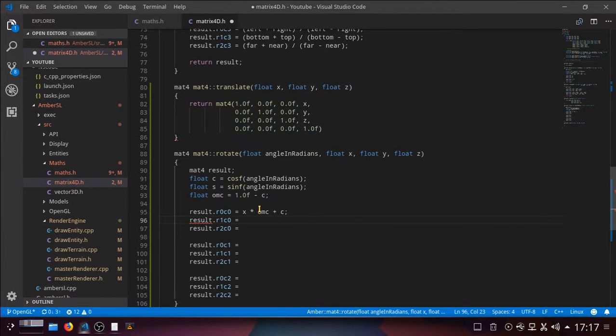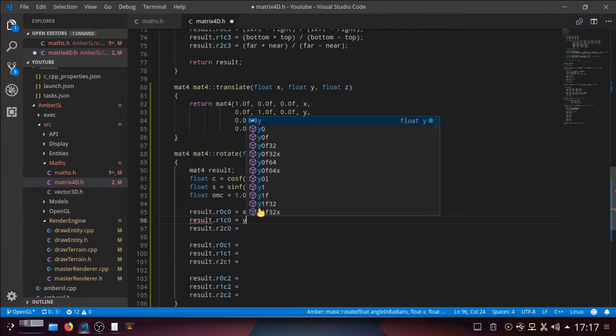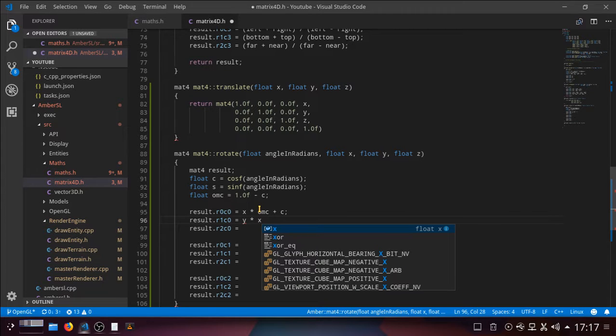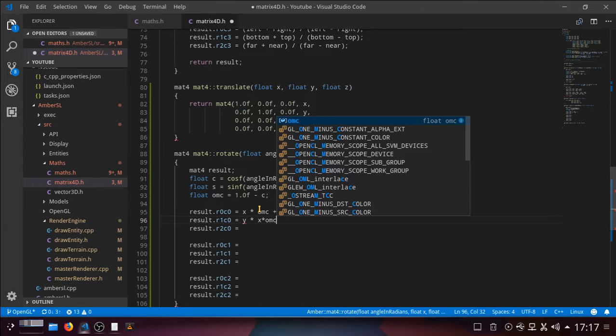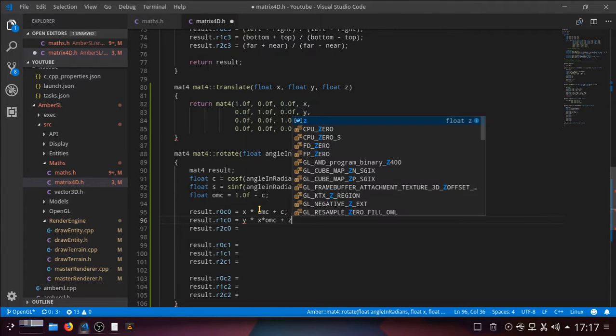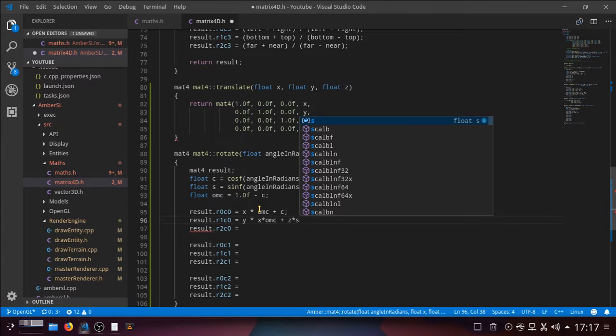This one is the y, and that's times what we just put in, which is x times OMC, and then we need the factor, which is plus z times s, the sine.